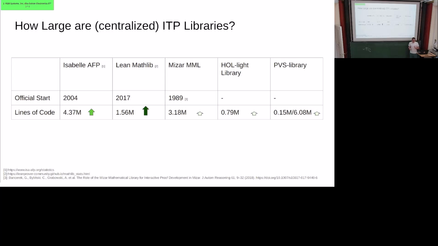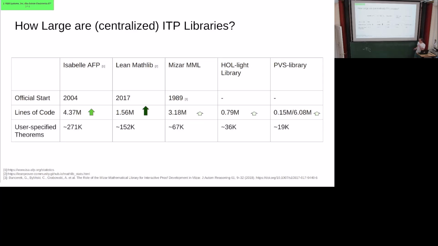So you can imagine that's not very compact in the number of lines. So you have 6 million lines in there, but only 150,000 lines if you consider only the definitions. Then in Isabelle we have about 4 million lines, Lean 1.5 million, Mizar 3 million, and HOL Light just under 1 million. But as I said, lines of source code are not an ideal metric.